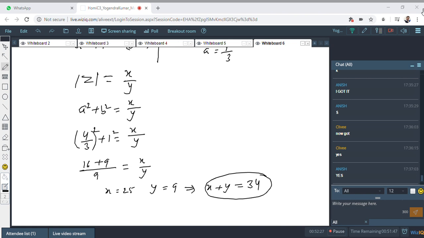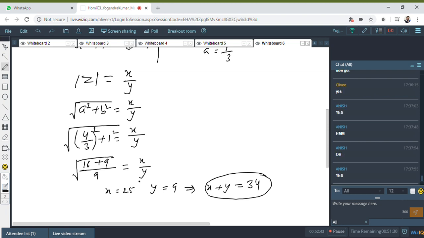Answer is 8, Anish. Why? Because I didn't put the root here. Understood, no? Yeah, answer will come 8.